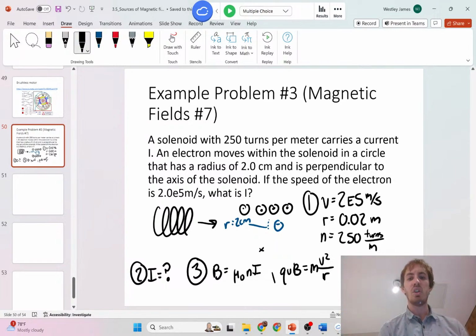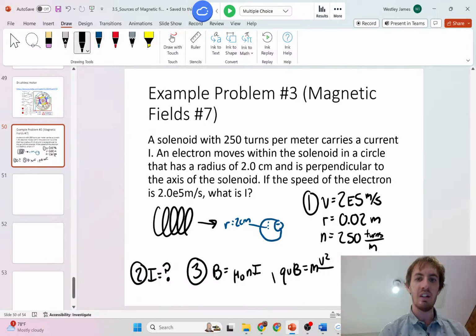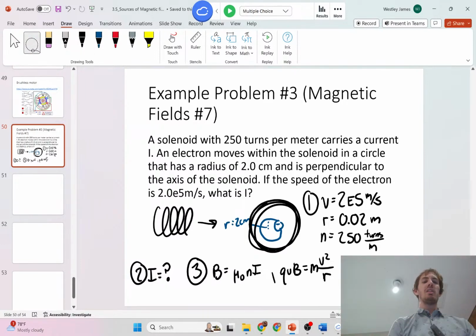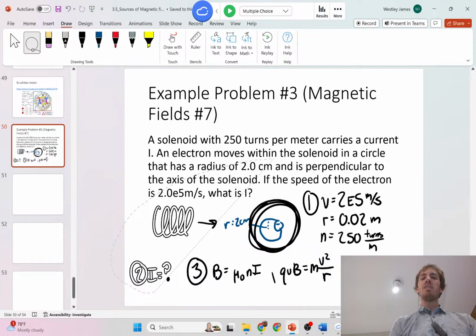So let me draw it a bit more accurately. This is my solenoid, and my charge is doing that, whatever. It doesn't really change much. But I do need you to know that charges in magnetic fields go in circular paths. We talked about why last time. It's a great thing for you to look over and remind yourself of.